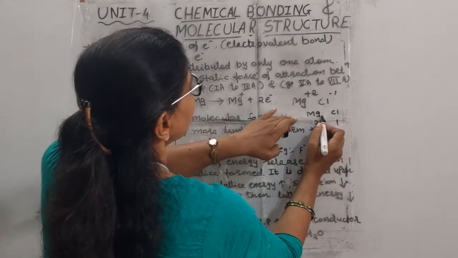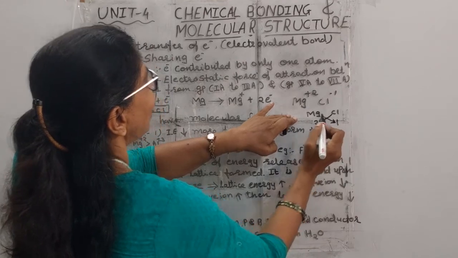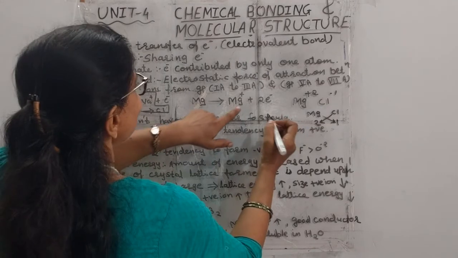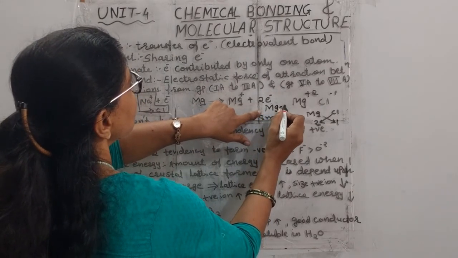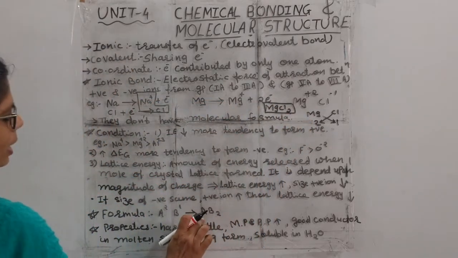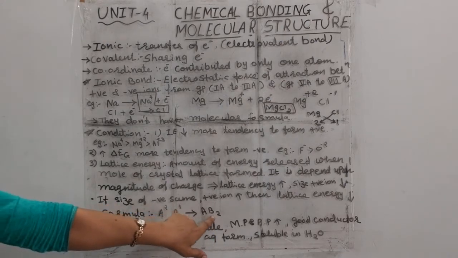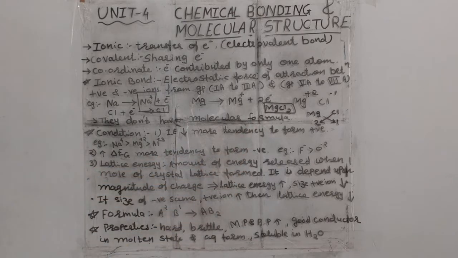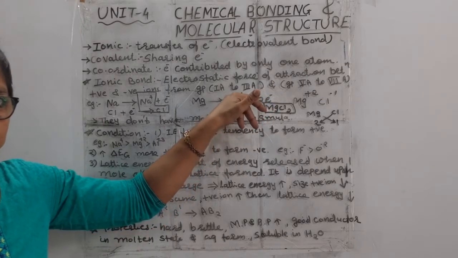So this is the cross way, and the formula for this compound is MgCl2. The same way, as I explained, it is AB2, with A and B as symbols of elements. So this is the way you can write the formula for an ionic compound.